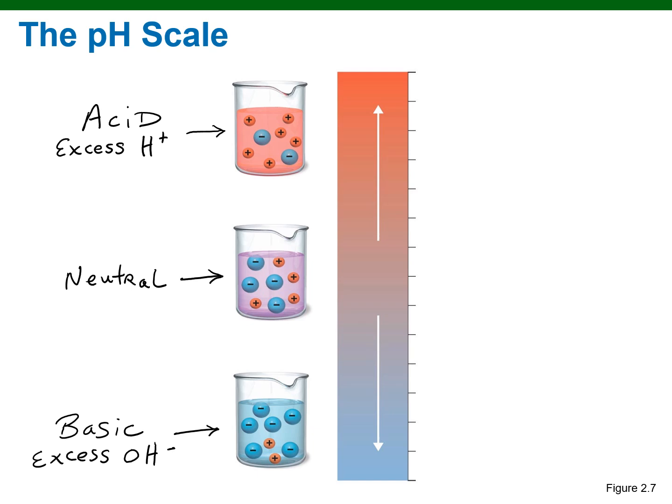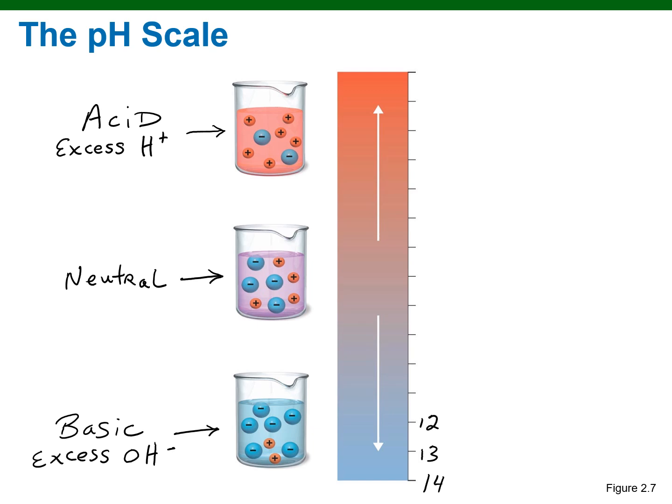And in turn, those hydroxide ions, the OHs, are going to absorb hydrogen ions and cause the pH to go into the alkaline range. And so numerically here, let's see if we have 14 and then 13 and 12.